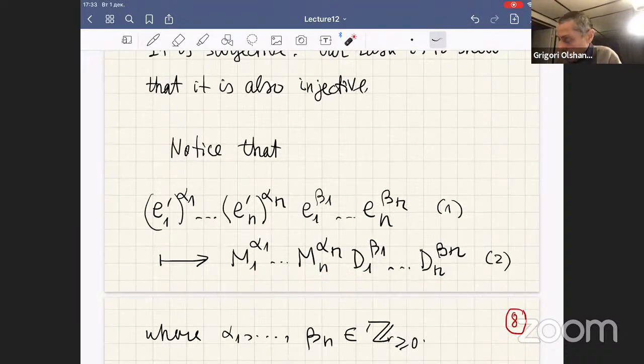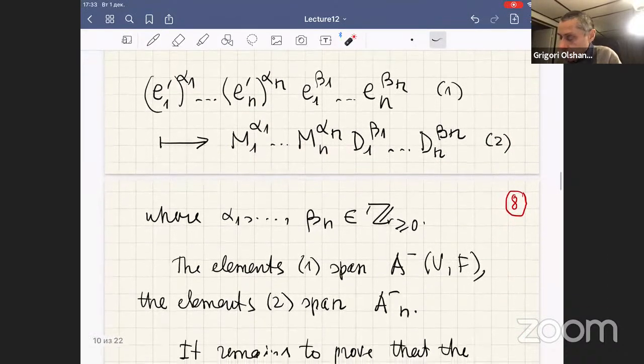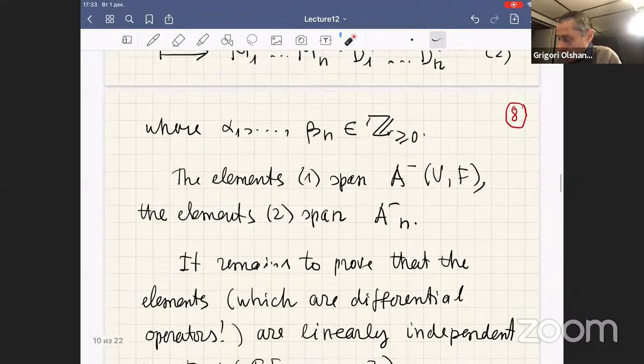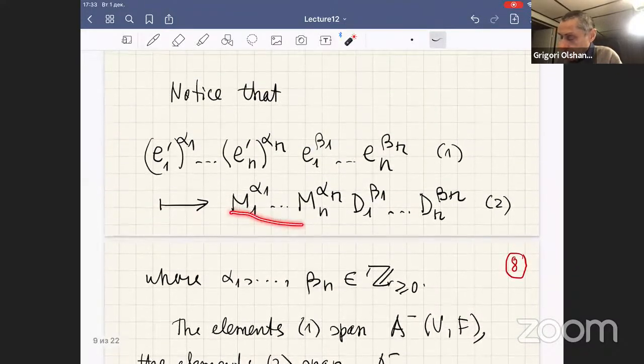So what do we need to prove? We consider any 2n indices, a1 and so on, up to bn, which are non-negative integers and arbitrary. And we want to prove that these operators are linearly independent.